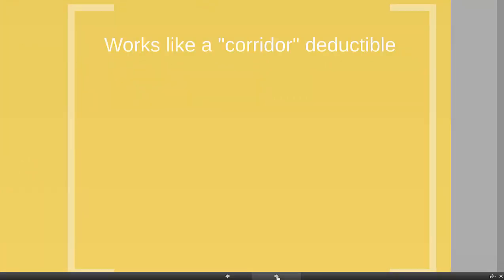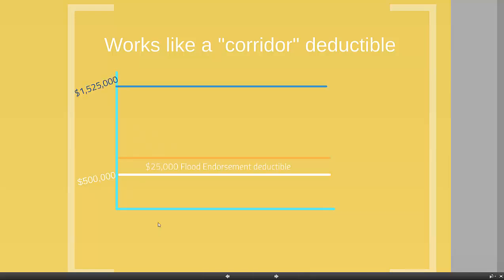The deductible over the NFIP for the flood coverage endorsement works sort of like a corridor deductible. The NFIP coverage is $500,000. The deductible is $25,000. This would mean that if a loss occurred for $1,525,000, NFIP would cover $500,000. The insured would have to pick up $25,000, which is the deductible area.